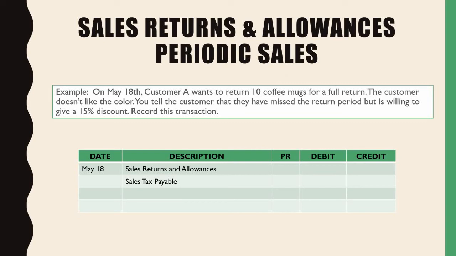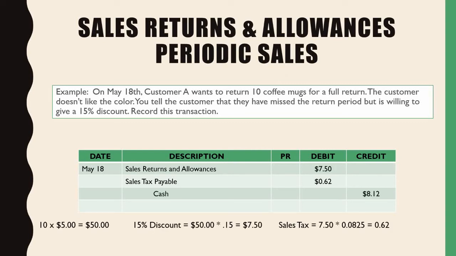All right? So in this case, I have my sales returns and allowances. We talked about this. You are mandated to give a portion of the tax back. And of course, she paid with cash, so therefore, you're going to be calculating this right here. $7.50, right?